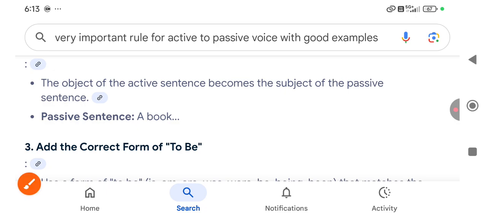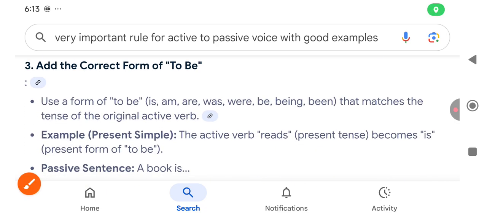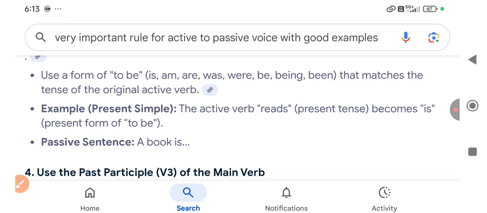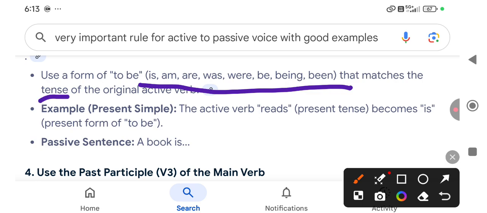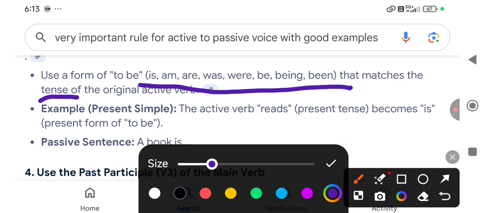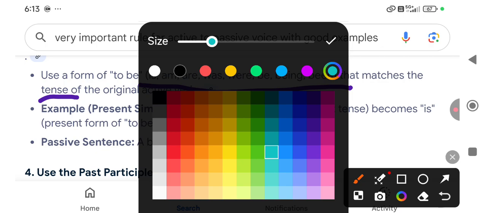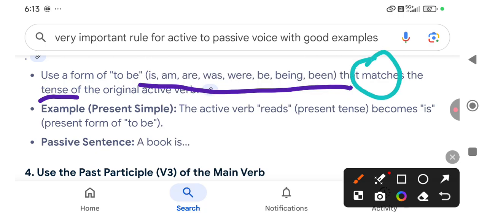Okay. Now add the correct form of to be. Use a form of to be: am, are, was, were, be, being, been. We have already discussed, right? And then it matches the tense. The important thing is that it must match the tense of the active voice.